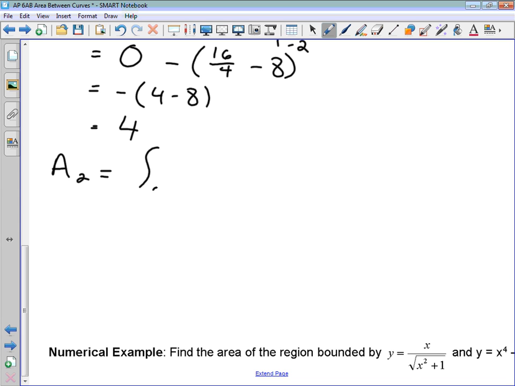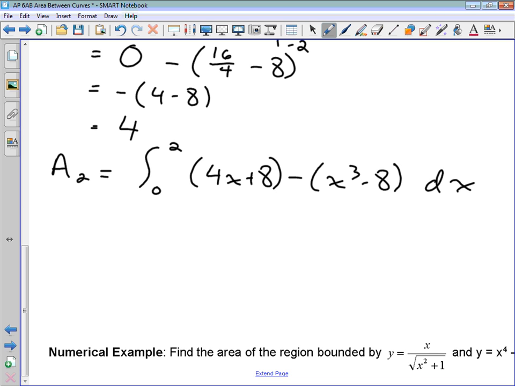The integral from, so now our second region is 0 to 2. Our upper function is now 4x plus 8. Our lower function is now x cubed minus 8. And we're integrating over x.